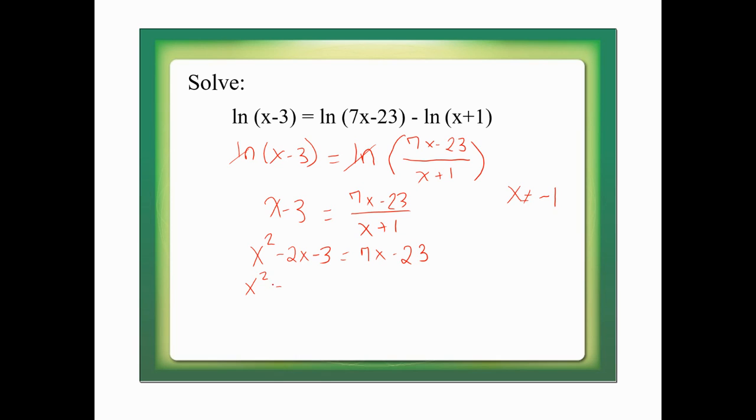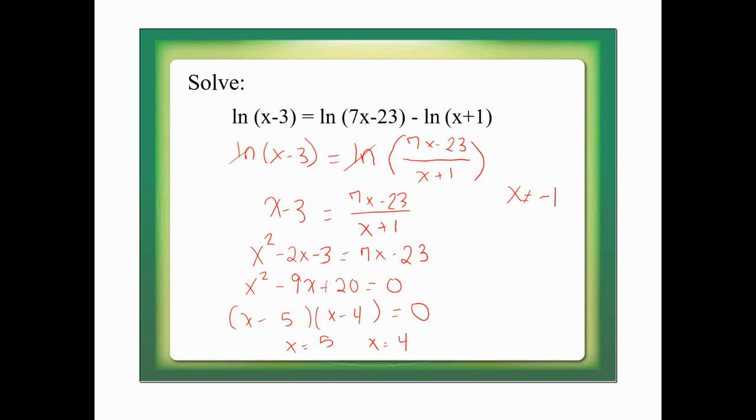So I get x squared minus 9x, and then we're going to add 23, so I get plus 20 equals 0. Factors of 20 that add up to negative 9 give us negative 5 and negative 4. And so x equals 5, x equals 4.